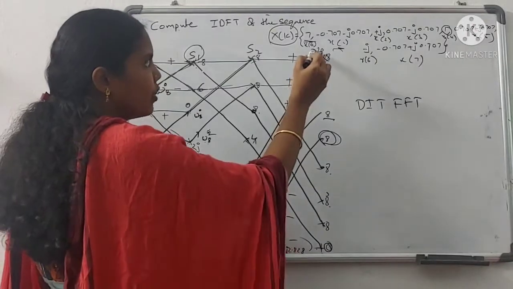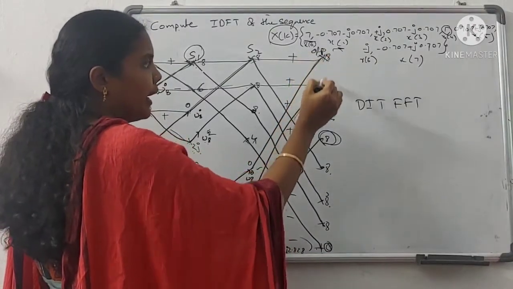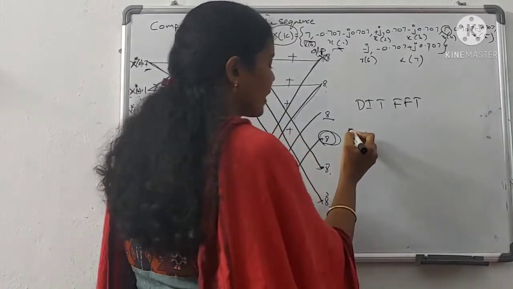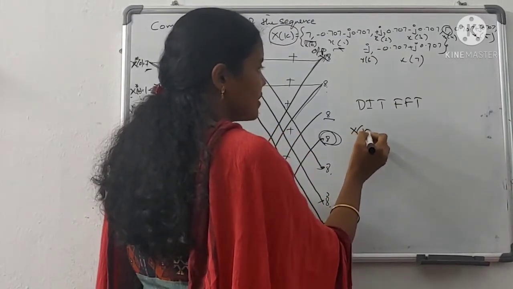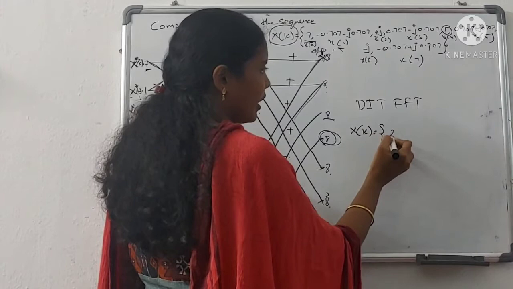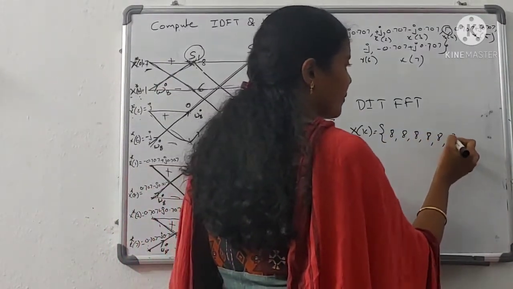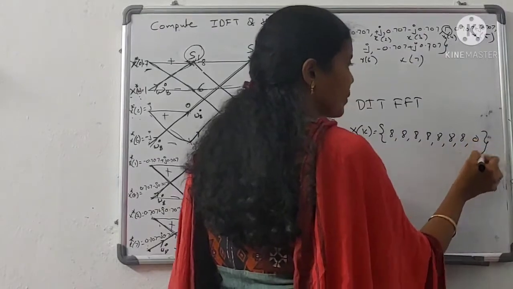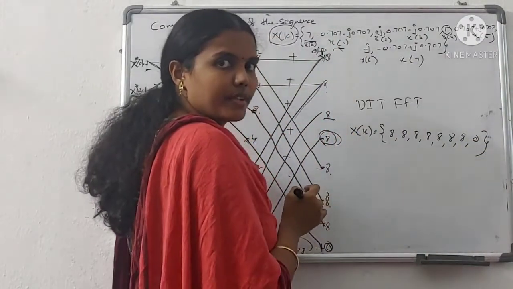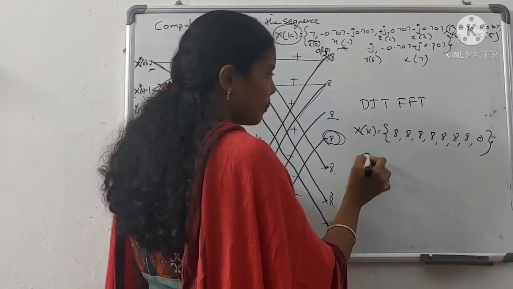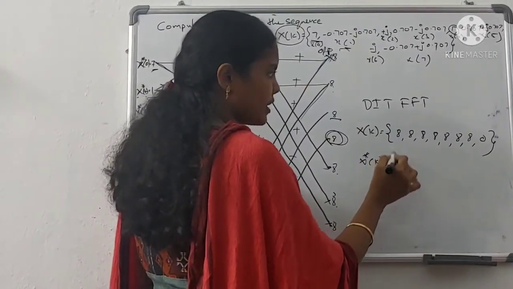So after getting the output 8, 8, 8, 8, 8, 8, that means what? X of k is equal to what? You are getting 8, 8, 8 and 0. For inverse discrete Fourier transform, you apply a conjugate, that means bit reversal.